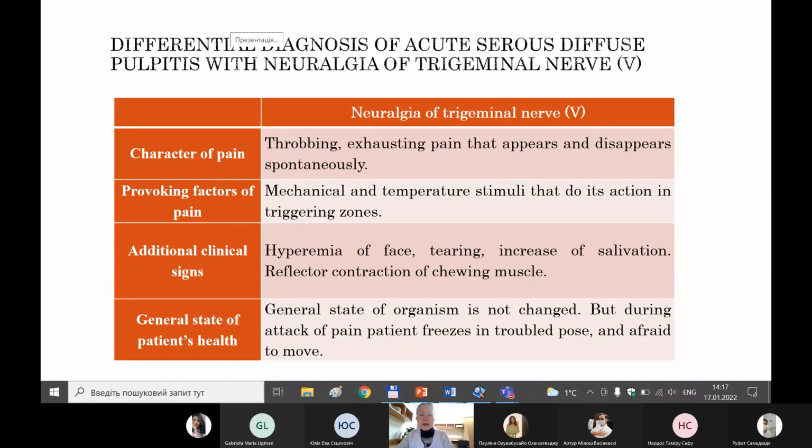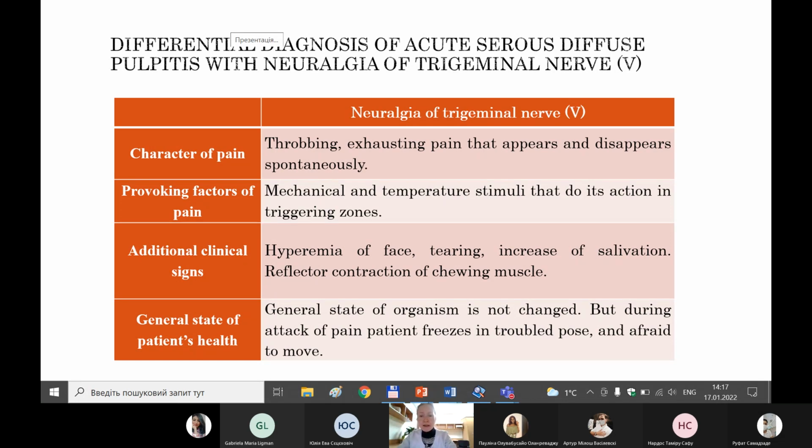And one more, neuralgia of the trigeminal nerve. In the case of trigeminal neuralgia, pain will be throbbing, exhausting, and appears and disappears spontaneously. Provoking factors: mechanical and temperature stimuli that act in trigger zones.